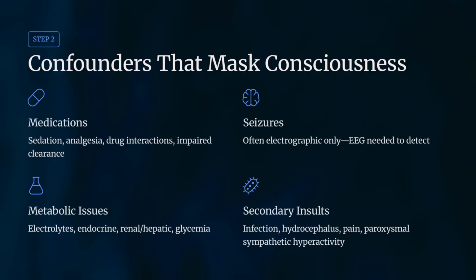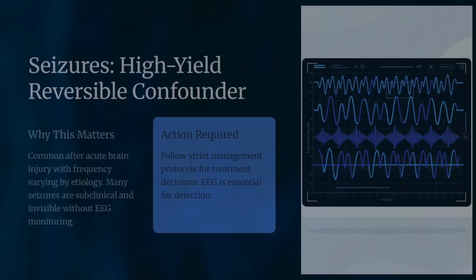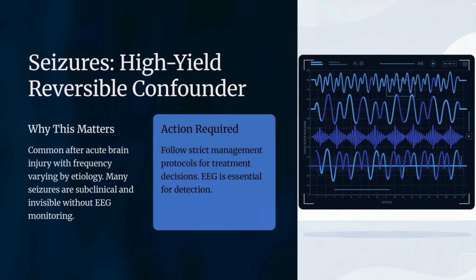So the confounders include medications, sedations, analgesia, drug interactions, impaired clearance, seizures, metabolic disorders, electrolytes, endocrine, renal and hepatic disorders, glycemia, and secondary insults in terms of infection, hydrocephalus, pain, paroxysmal sympathetic hyperactivity. All these things can make your diagnosis very difficult.